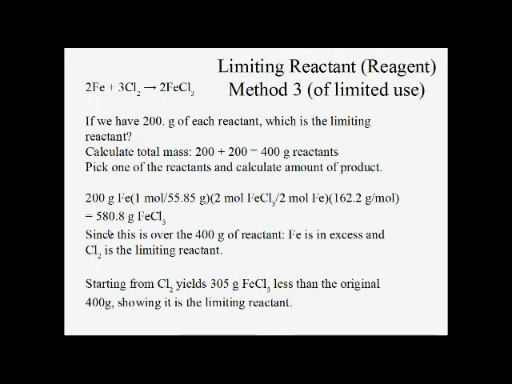We would violate conservation of mass, which means that our iron is in excess. So our chlorine is the limiting reactant. After doing one calculation, we can already see which one's limiting and which one's in excess. If we started from chlorine, we would have gotten 305 grams of iron(III) chloride, less than the 400, so that would have shown that the chlorine was the limiting reactant.